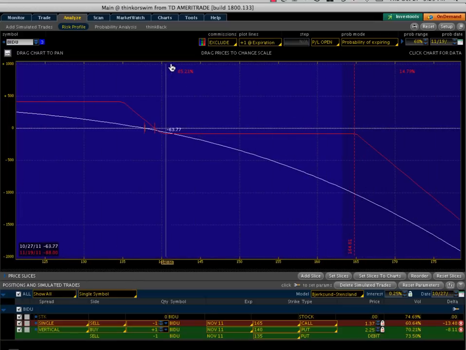There's an 85% probability that I'm going to lose no more than 88 bucks. Only a 15% probability that I'm going to get in this theoretically unlimited loss territory. So I give myself plenty of probability of not losing more than 88 bucks in this trade.